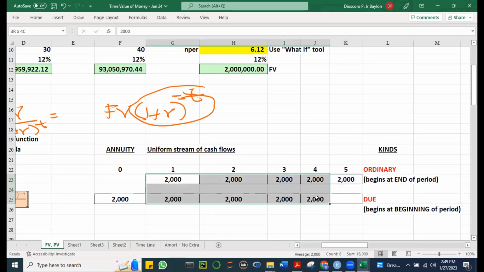So these cash flows are just the same, they're equal, but the only difference is that for ordinary, there's a cash flow at the end. For annuity due, there's a cash flow at the beginning. When you're solving problems and it does not specify whether the annuity is due or ordinary, the assumption is that it is always an ordinary annuity. Okay, very good.